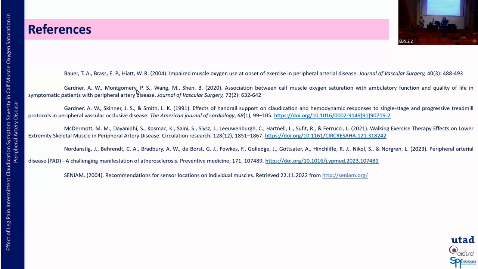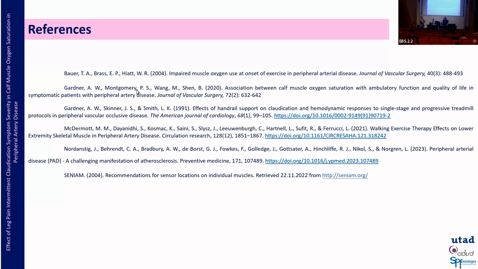We believe that we can add relevant information, and we have a few participants with long-term data, without statistical power yet, but we can see some variation. We can see some changes in the muscle oxygen saturation and other derivative variables that we are determining. So I think yes, it could be interesting to continue to study this.